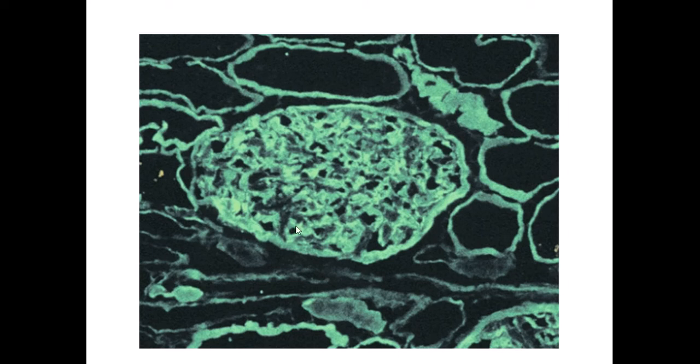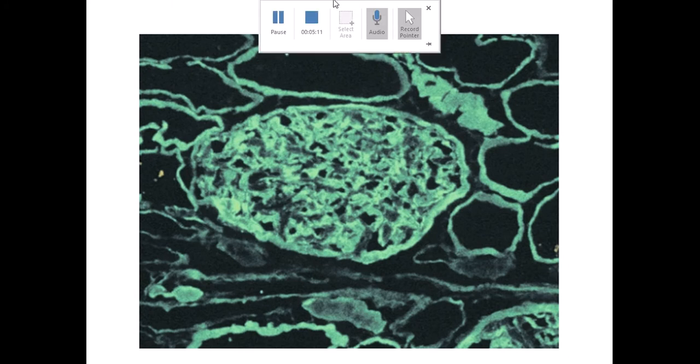For example, this is an immunofluorescence type of testing showing the reaction against the basement membrane of the kidney in general. So it is so important in these types of hypersensitivity reactions, type 2 and type 3, to know if the kidneys are involved or not. In type 3, for example, the immune complexes usually precipitate on the basement membrane of the kidney, and you can detect those with an immunofluorescent technique.